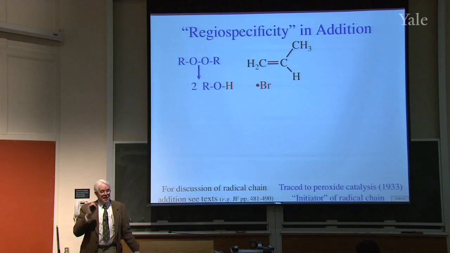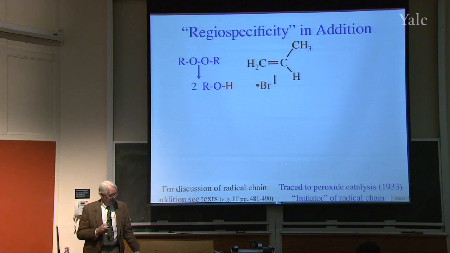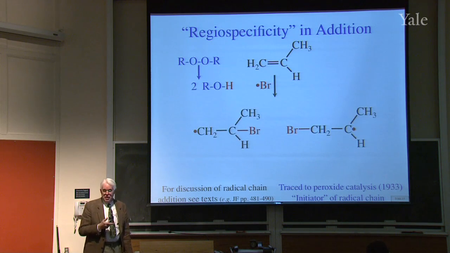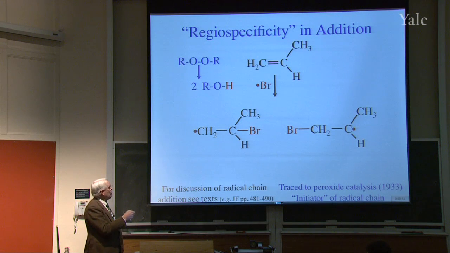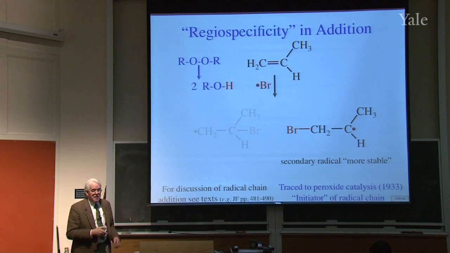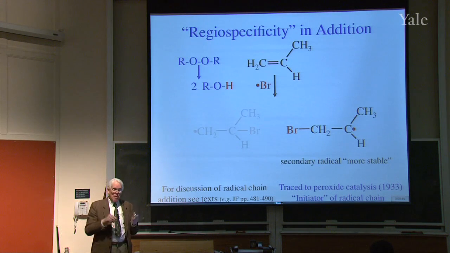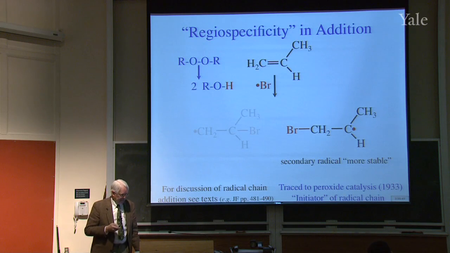You have X dot that can add to the alkene, right, and get one or the other of those two radicals. Now, if you got the radical on the left, you'd get Markovnikov orientation, because H would come here the next time it abstracts H from HBr. But in fact, this is the one you get, because the secondary radical is more stable.